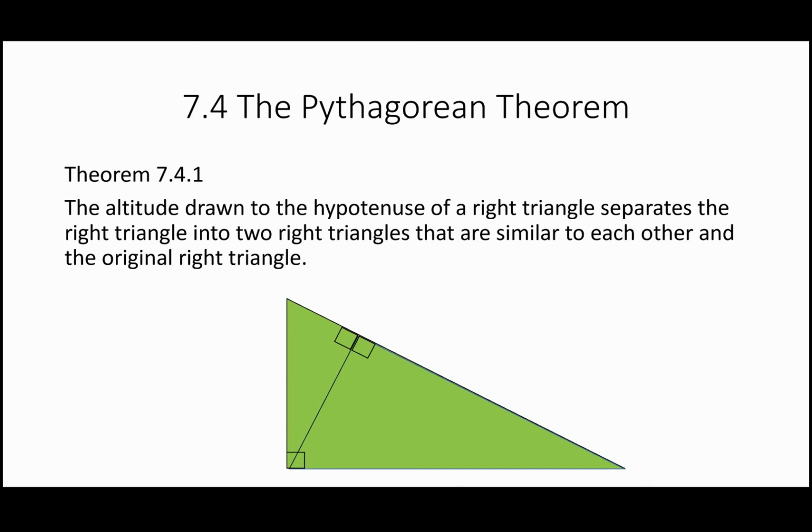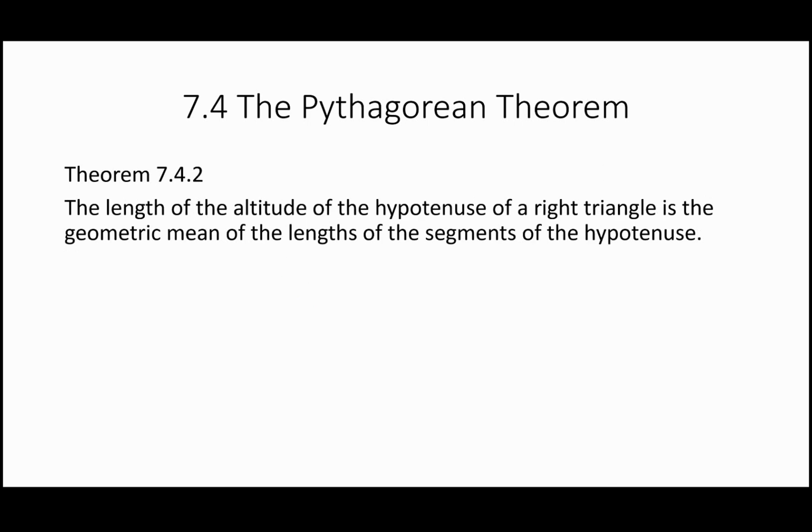Okay, so what can you do with this? Well, all three triangles in play are similar to each other, so that opens up a wide array of different conclusions that you can draw, and here are some of the specific ones in the form of other theorems.